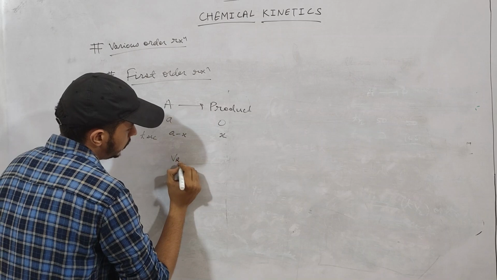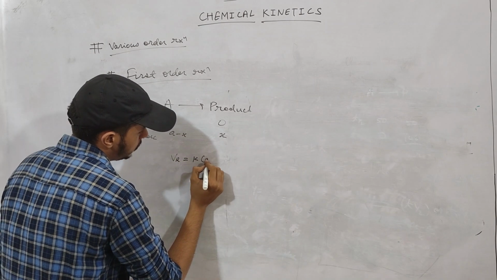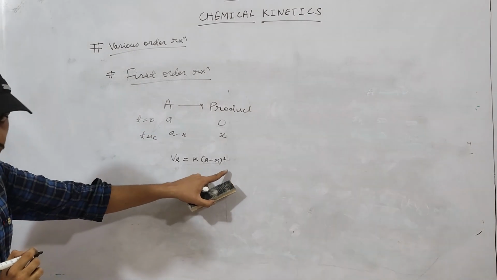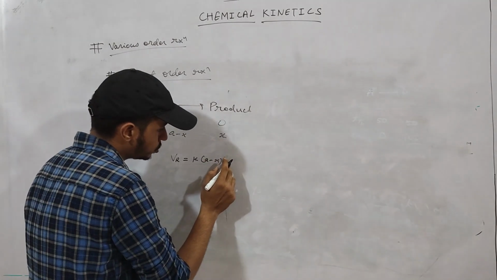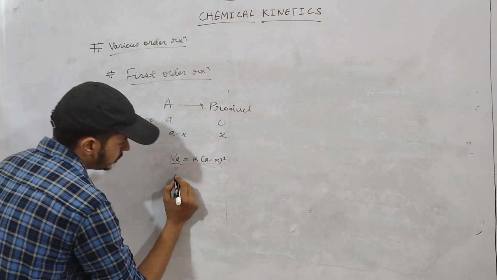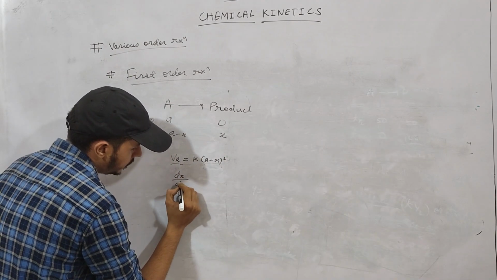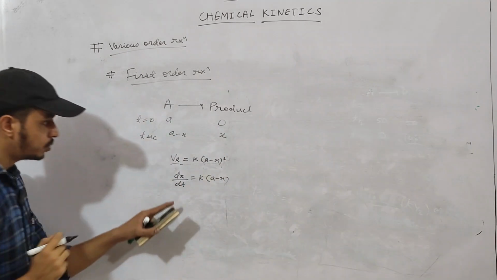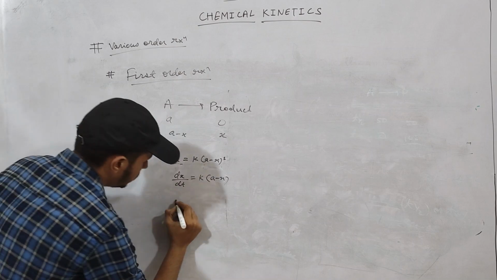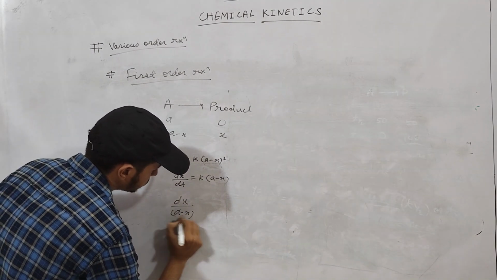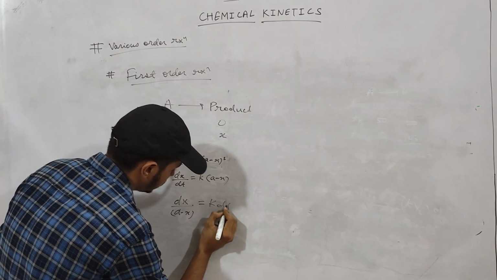So it will be written as v r is equals to k times A minus x, and here the power will be 1. In zero order reaction we had taken power 0, so the complete term became 1. So now rate of reaction can be written as dx upon dt is equals to k times A minus x. Now on solving further, it will become dx upon A minus x is equals to k dt.